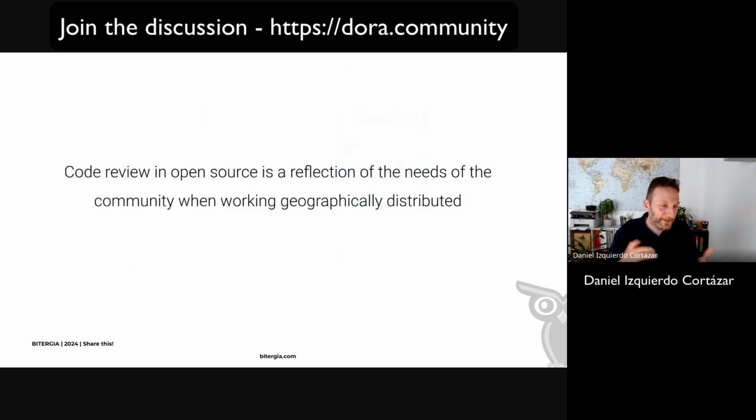And then perhaps as a reflection, code review is there because it's needed, because we are working in a distributed community. So it makes sense in the case of open source, because by design we need to work with others in a certain way. So code review is this way that people have. And by the way, we are not discussing the heavy code review processes that used to be in corporations years and years ago.